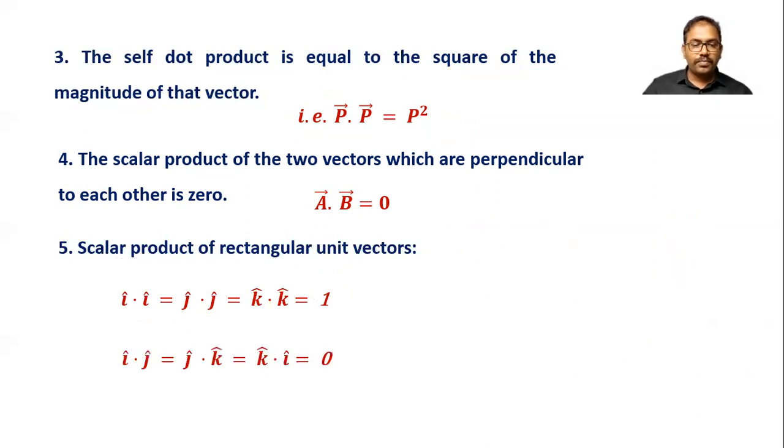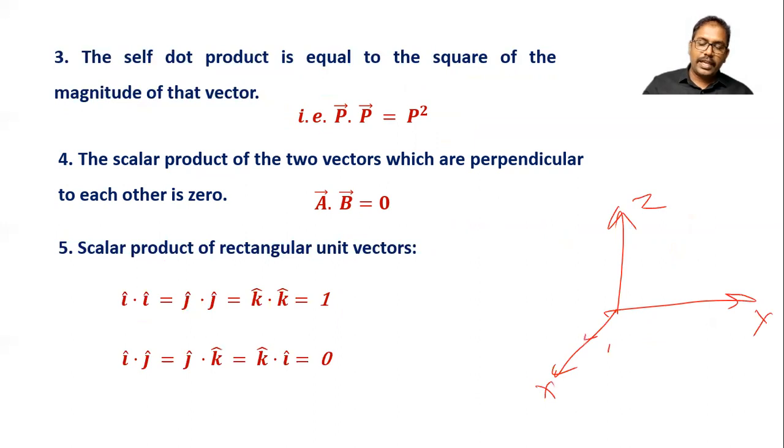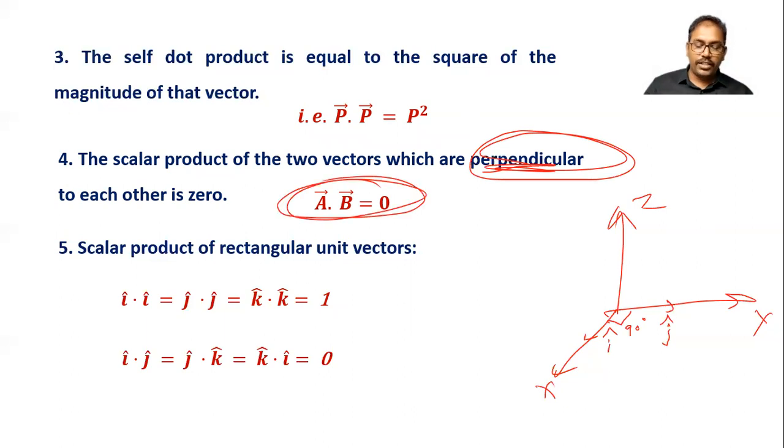Then after that, i cap dot j cap. You know that i cap is in the direction of the x-axis and j cap in the direction of the y-axis. The angle between i and j is 90 degrees, and if the angle is 90 degrees, then the scalar product is 0.